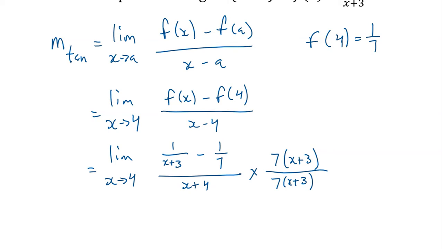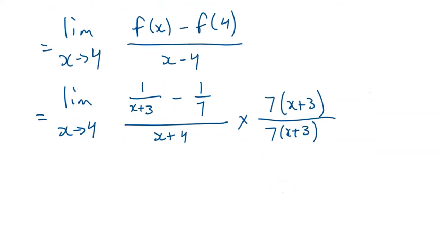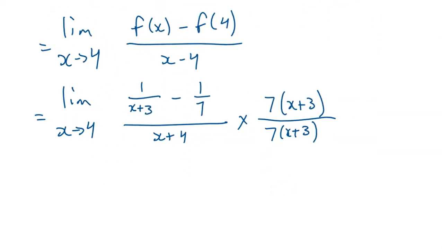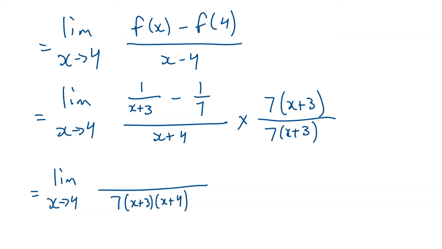It's going to get you to the same place in the end. Okay? When I multiply the bottoms, I get 7, x plus 3, x plus 4. Right?